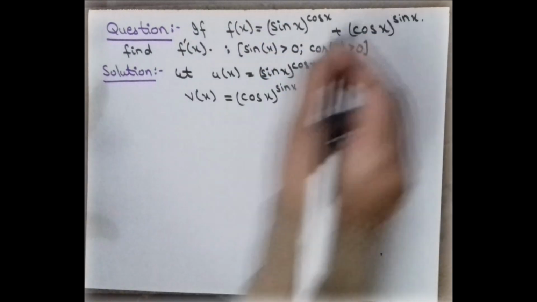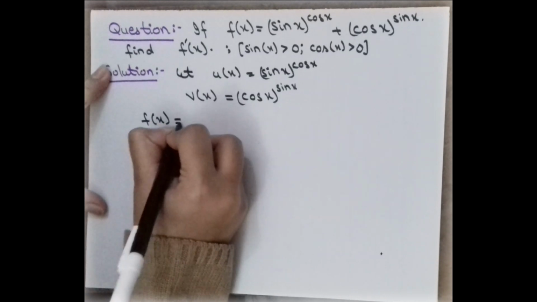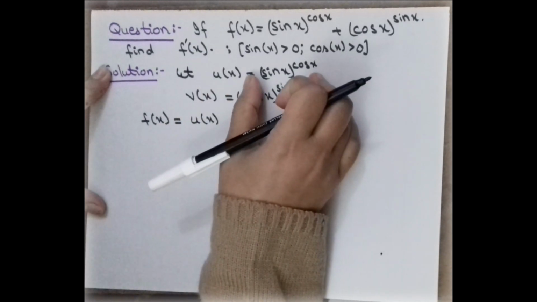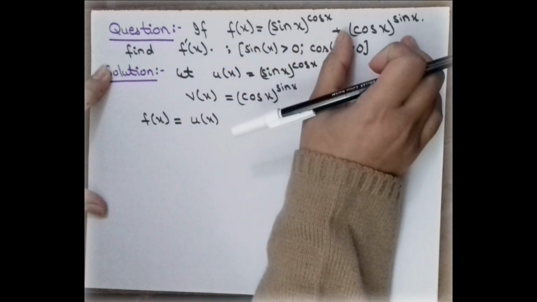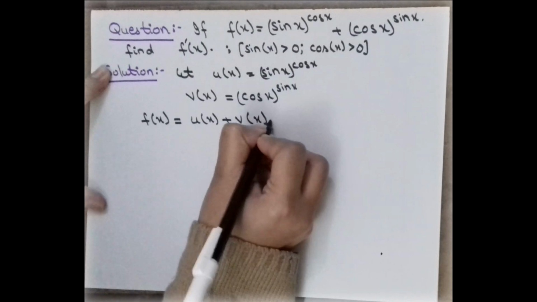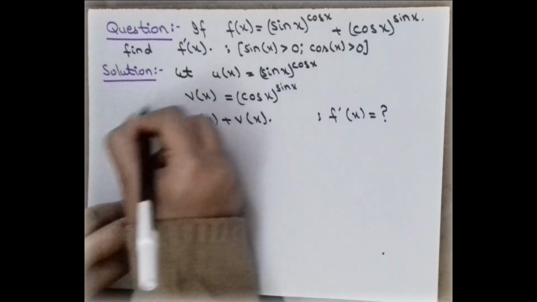We can write this equation as f of x equals u of x plus v of x. We have to find f dash of x, meaning the derivative of this term.